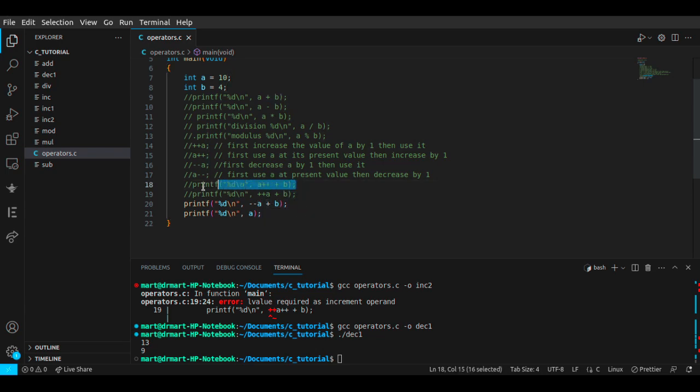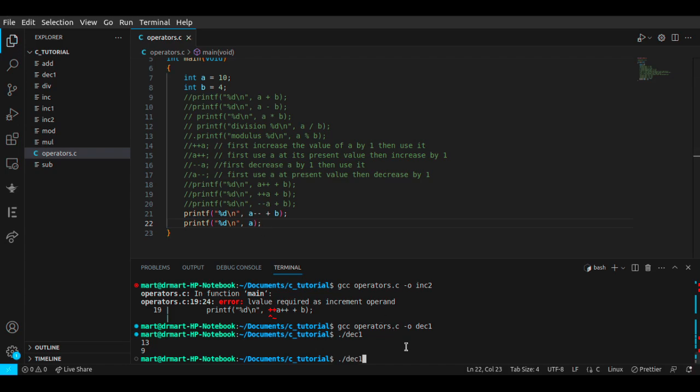So let's use this now. Let's do the opposite of this. So of course I comment this out. Then this a minus minus. So remember, a is 10 from before, right? So here we first use 10, then we decrement to 9. So we first do 10 plus 4, 14. Then by getting to this line, a has been reduced. So a becomes 9, right?